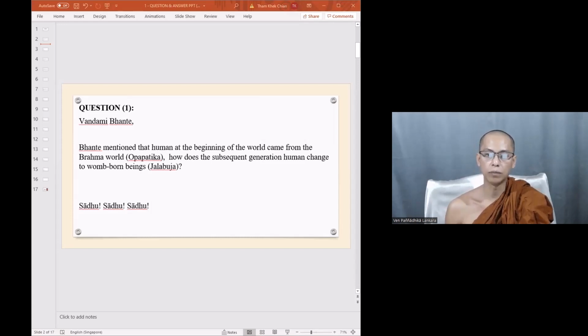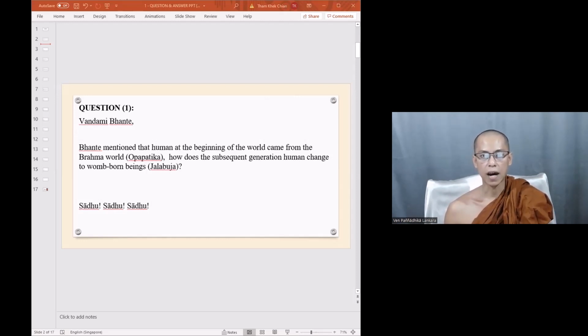From that time on, they could participate in the event of sexual intercourse, and they could give birth to a newborn baby. This is how they give birth to their next generation.